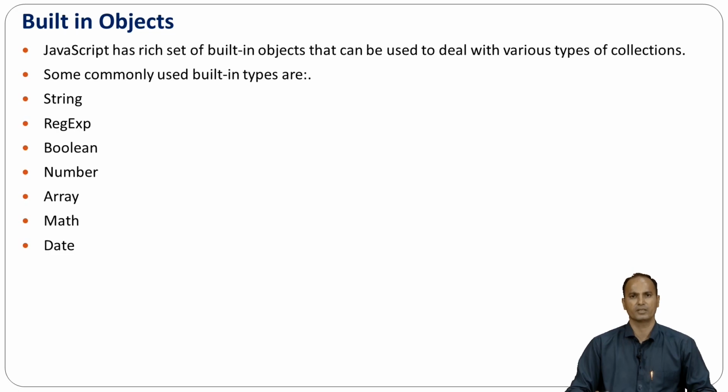Array objects we already discussed in the previous sessions, that array values can be manipulated by using various methods of the array. Then the math object is there to manipulate values using various methods of the math object. At last we have our date object to manipulate the date and its different values, or we can say extracting the values from a specified date.